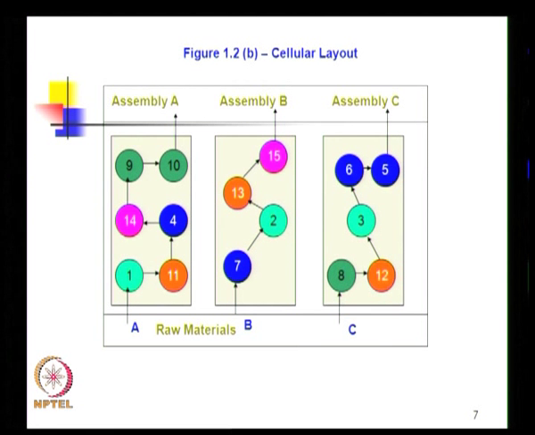Several machines which exist in the functional layout will be retained in the cellular layout, but some of the old machines will not be used. From practice it is observed that nearly 10 to 20% of the old machines do not figure in the cellular layout, and there could also be addition of machines in the cellular layout.